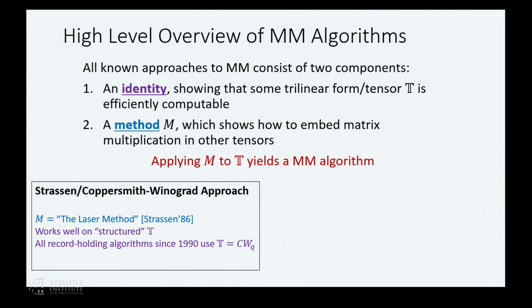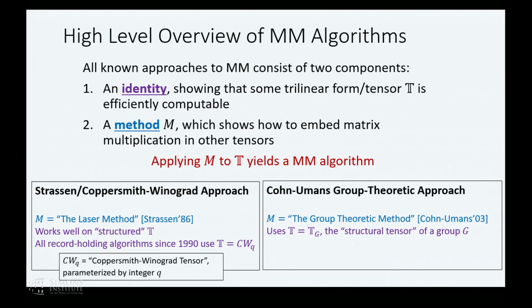This method works very well on some very structured types of tensors, and the current best record for omega is given by the Coppersmith-Winograd tensor, which I'll show you later on. The second type of approach, which can give roughly the same bounds, is the so-called group theoretic approach, which was started by Cohn and Umans. The method is the group theoretic method.